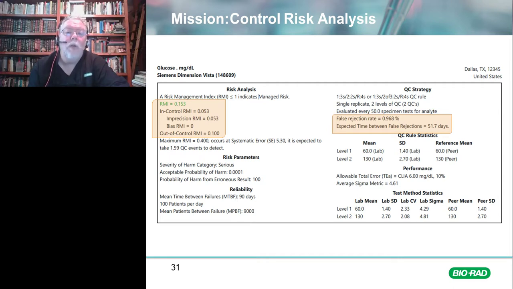My in control RMI is about half of my out of control RMI. Now I can also see that, based on my QC strategy, I have an expected time between false rejections of about 52 days.